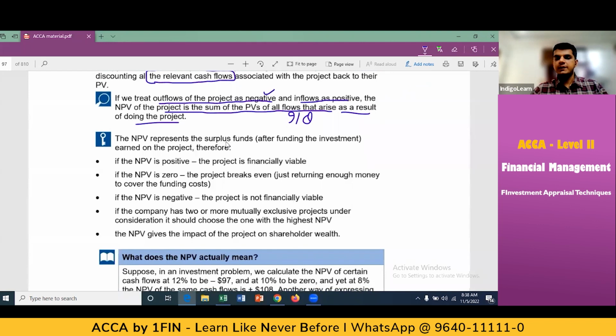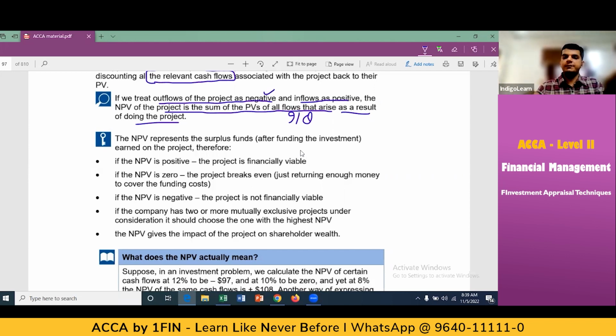The NPV represents the surplus funds after funding the investment earned on the project. So what is the surplus that is left or the deficit that is there after comparing the present value of the cash outflow and the present value of cash inflow? It will just show whether you have earned more or you have invested more than what you have earned over the period of time.